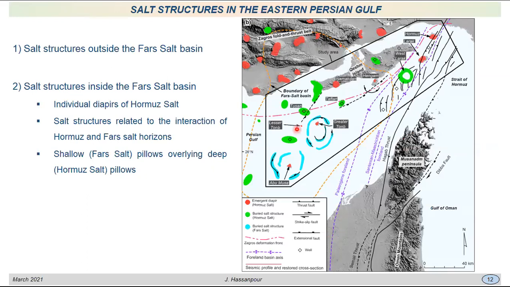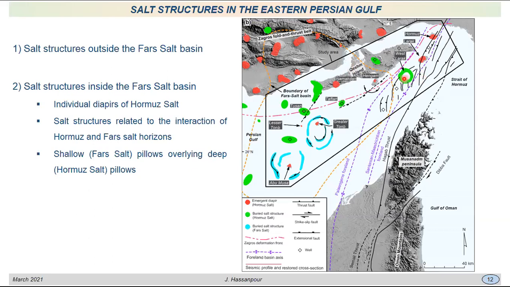So in order to be more focused on the seismic expression of the salt structures and salt tectonics in the area, I have divided the salt structures in this part of the basin into two groups. The first one includes the salt structures outside the Fars Salt basin. This orange polygon shows the boundary of the Fars Salt basin.